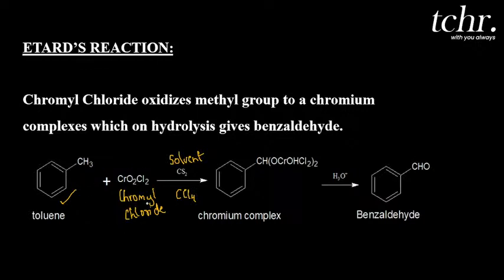And what will this chromyl chloride do? It will form a complex like this with the CH3 group. You can observe the complex here, a CH(OCrOHCl2) twice complex is formed. This complex on hydrolysis, that is treating with hydronium ion, gives benzaldehyde, right? So let us discuss more about Etard's reaction. Are you able to understand, dear students?